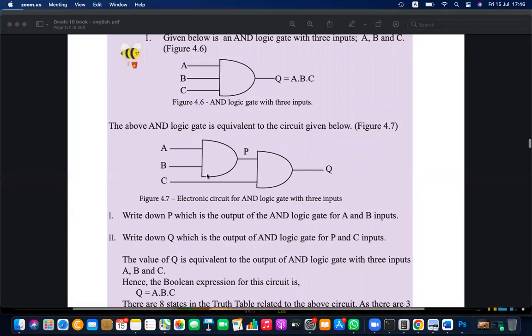If there are 2 inputs, the two here are A and B. P is equal to A and B. Then P and C, you can write like this.